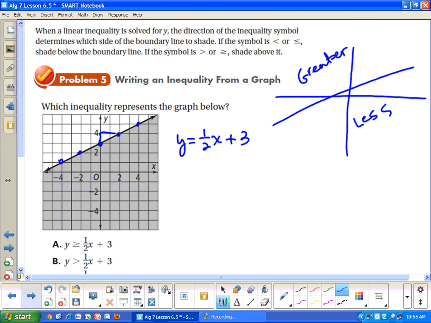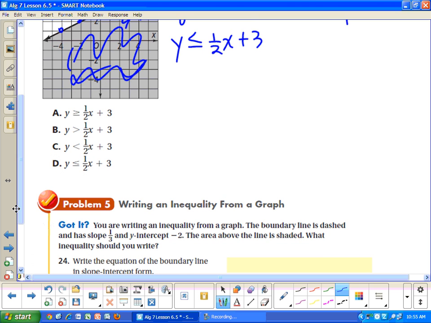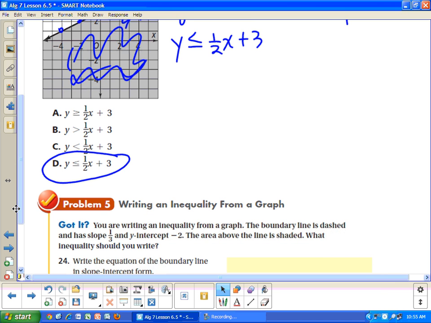Now, since it's below the line that's shaded, we're going to have less than, and since it's a solid line, it's less than or equal to. So the inequality is y is less than or equal to 1/2 x plus 3.